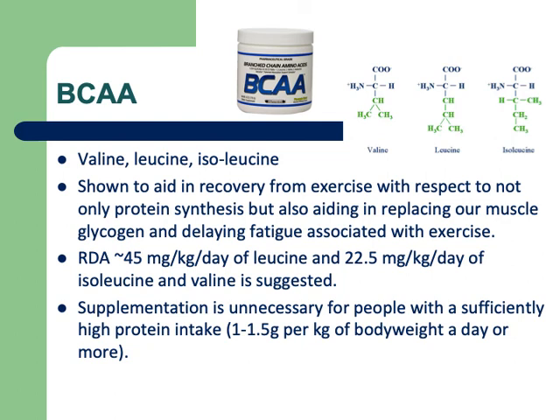Supplementation of BCAAs is unnecessary for people with a sufficiently high protein intake. So if you're getting enough protein, you don't have to supplement with BCAAs. If anything, any excess in your body will get urinated out or it gets stored as fat. So you need to be conscious of that.